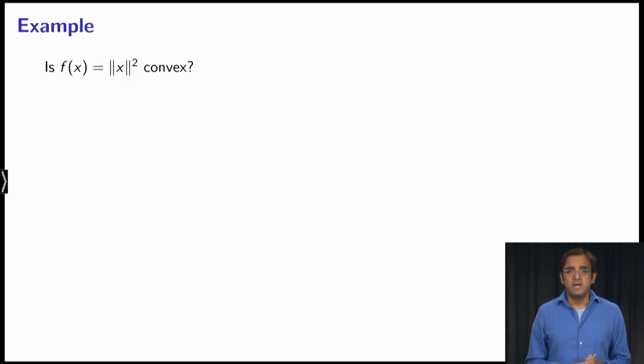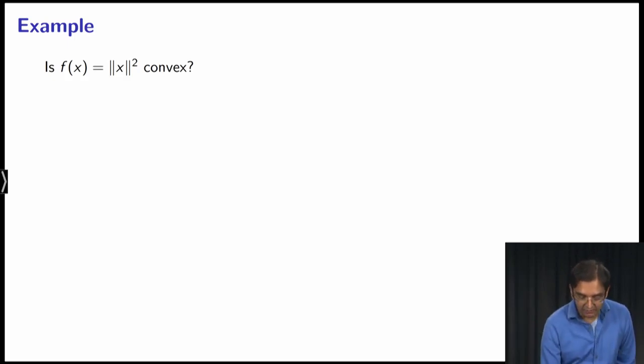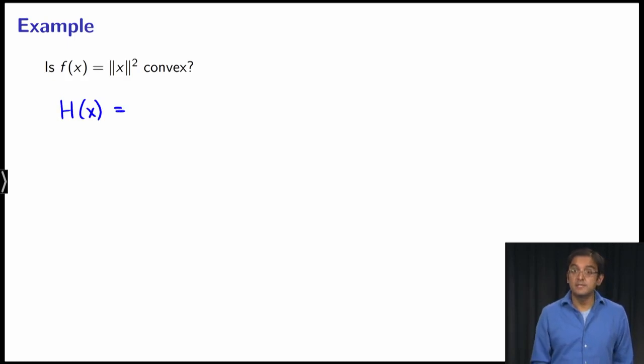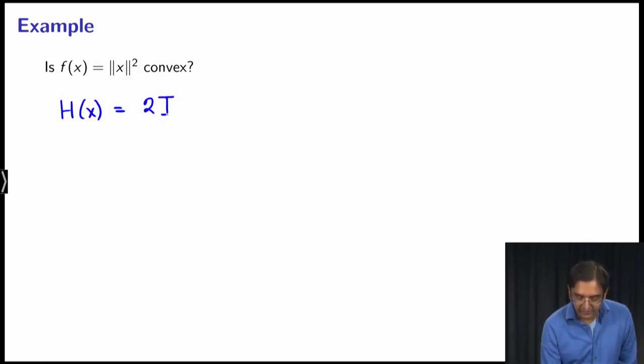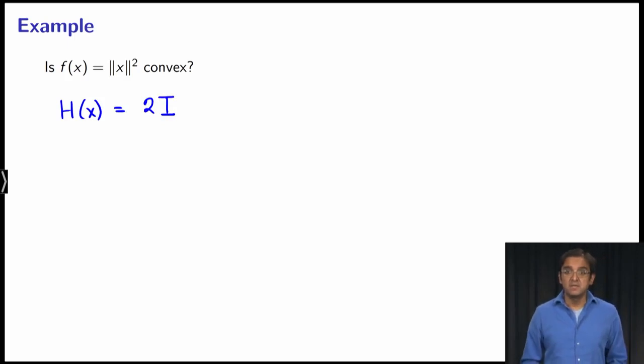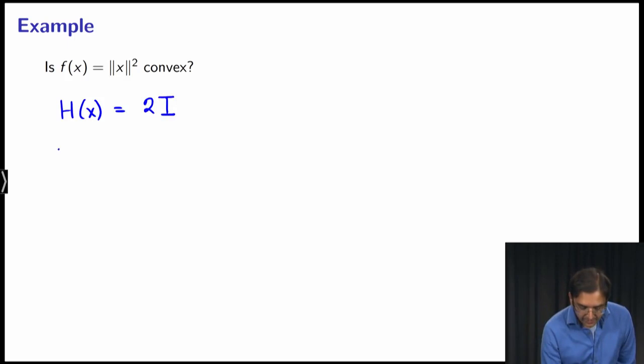This function, f of x equals the length of x squared. Is it convex? Well, the first step is to compute its second derivative matrix, the Hessian. We actually did that last time, and this turned out to be twice the identity matrix. Is that positive semi-definite? Well, let's see. What is Z transpose times twice the identity times Z?